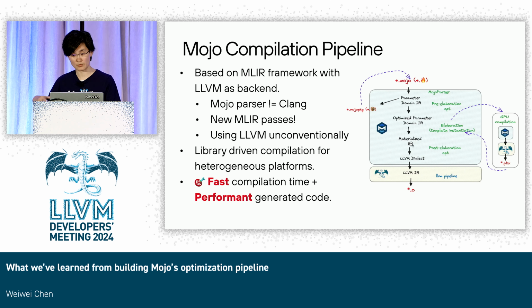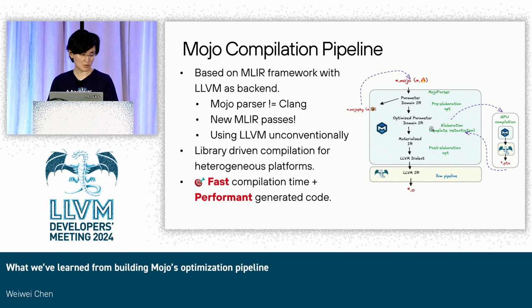We will perform a little bit more optimizations and then translate the Mojo dialects that we have into LLVM dialects, and then use the LLVM infrastructure to go to the final binary code, the targeted code. We also do a little bit more here, using LLVM in an unconventional way. I will expand on the details in the rest of my talk.